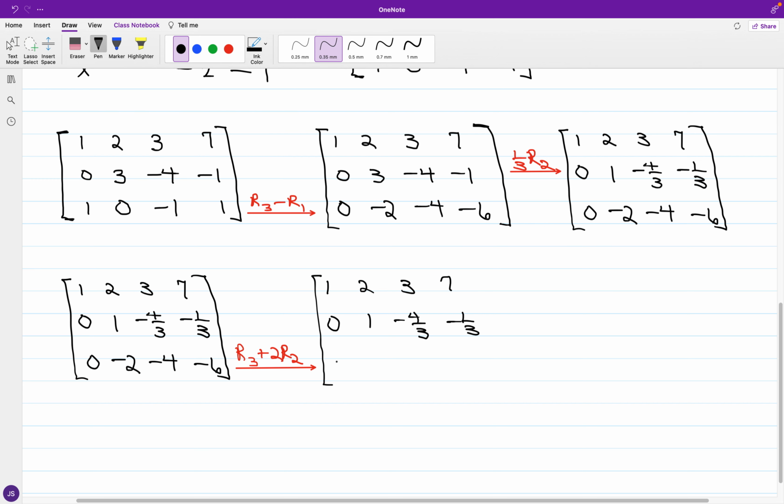If we do this, we get 0, -2 plus 2 is 0, -4 plus 2 times -4/3, and that's going to be -20/3. And -6 minus 2/3, so in this case that's going to be another -20/3.